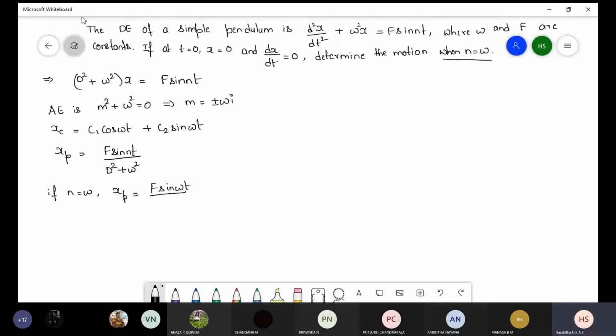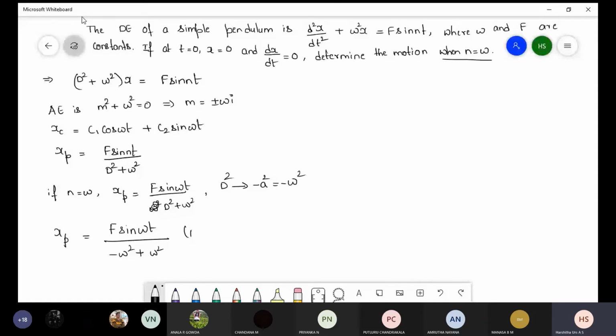Again, it is in the form of type 2. So D² + w², where D² is replaced by minus a², and our a value is w, so it becomes minus w². So the particular solution xp is equal to f sin wt divided by minus w² plus w². Here the denominator becomes 0.